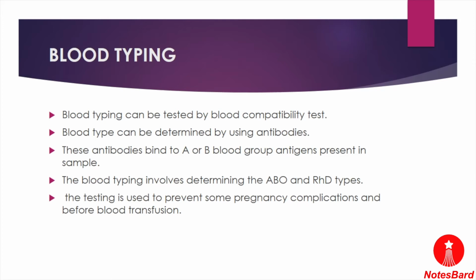When the condition involves RBCs, it is also called hemagglutination. Here the process of hemagglutination is used for diagnosing different blood groups in humans and in other organisms also. Basically, the ABO and RH types are diagnosed in blood typing.